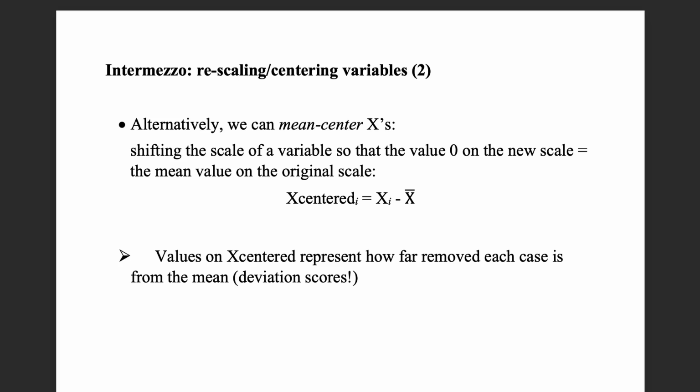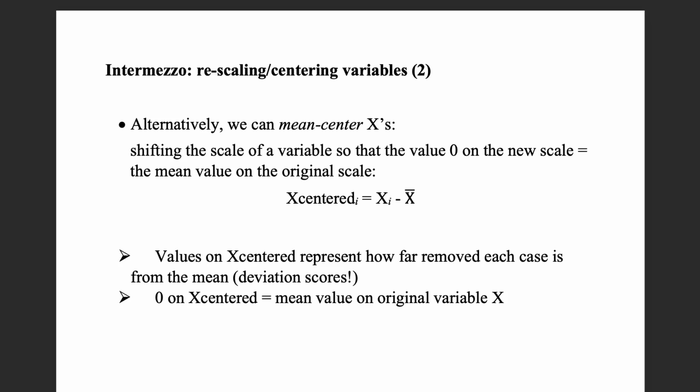So in other words, it's still the case that it doesn't matter for your regression coefficients. They will stay exactly the same. But it has some other nice consequences. 0 on this new centered variable would be identical to the mean value on the original variable.